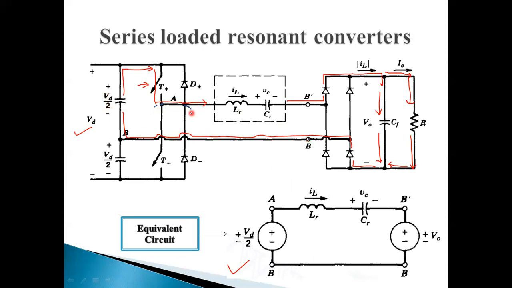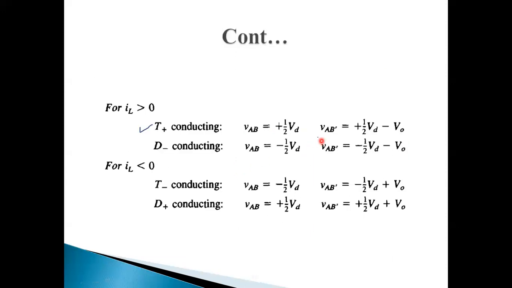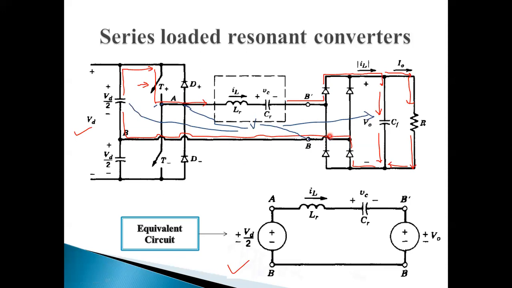If you measure the voltage across this, the VAB, definitely we get the voltage across VAB equal to VD by 2. This voltage is also applied to this capacitor or load. So VAB is equal to positive VD by 2. And VAB dash is equal to what? Simply apply the KVL.